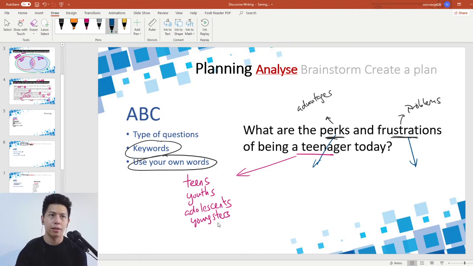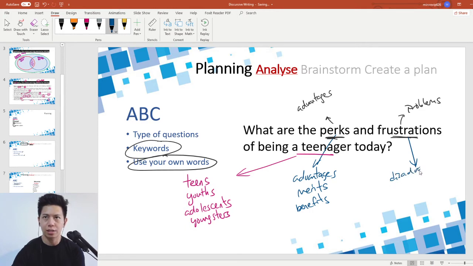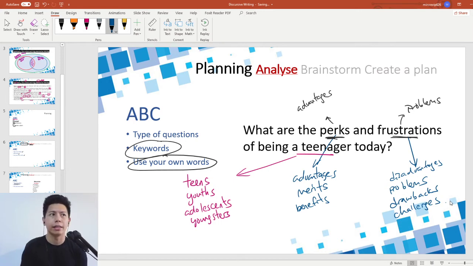But with this list of words, I think we can quite confidently paraphrase while we write later. For the perks, like I mentioned, there are advantages, the merits of being a teenager today, the benefits of being a teenager. For frustrations, the disadvantages, the problems that teenagers face today. Learn these words as well, the drawbacks and challenges.